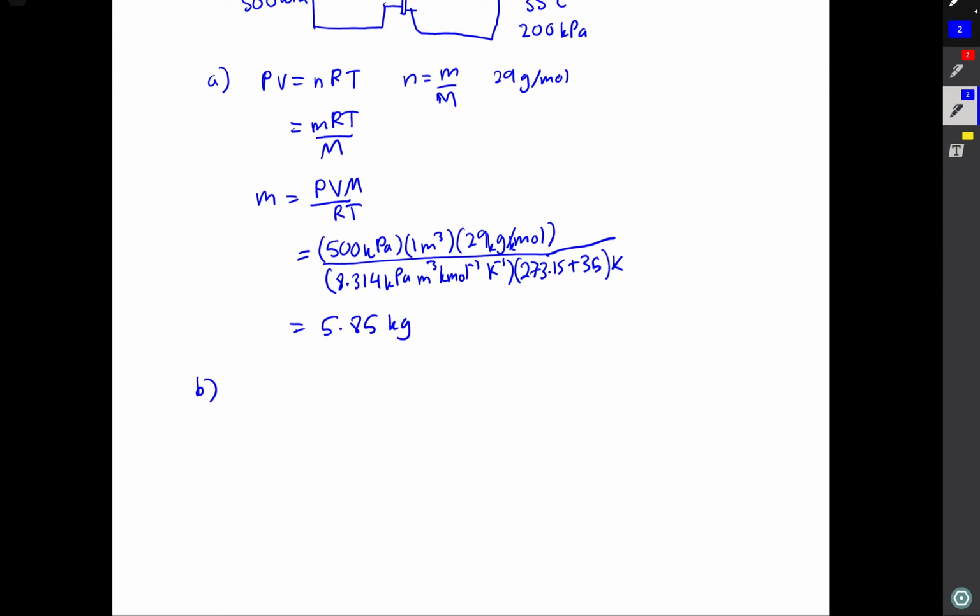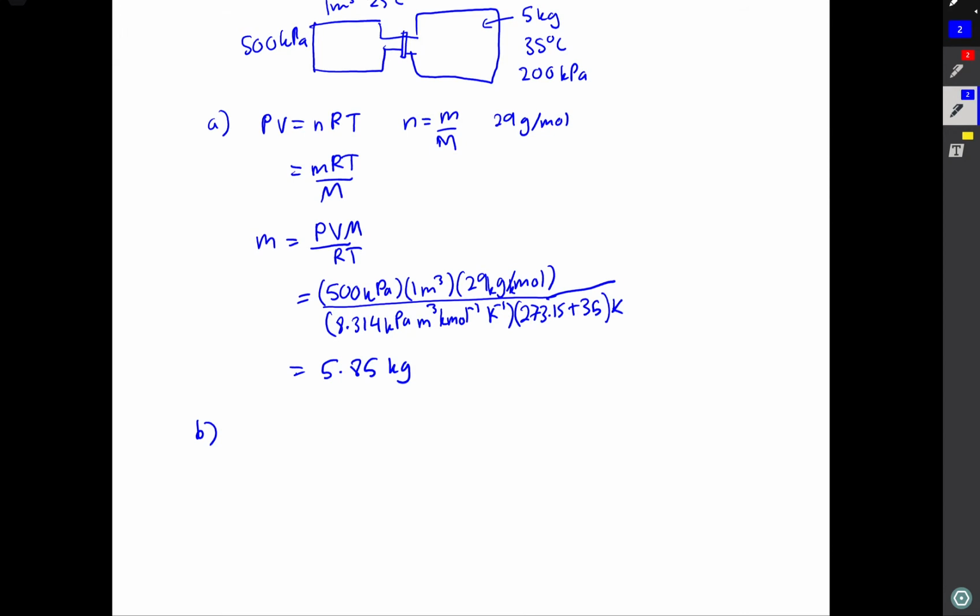Okay, for the second one, it is the same as A, but the difference is we are looking for the second tank, and the second tank does not give you the volume. Instead the question gives you the mass. So we just use this equation, PV equals mRT over M, changed with the mass.